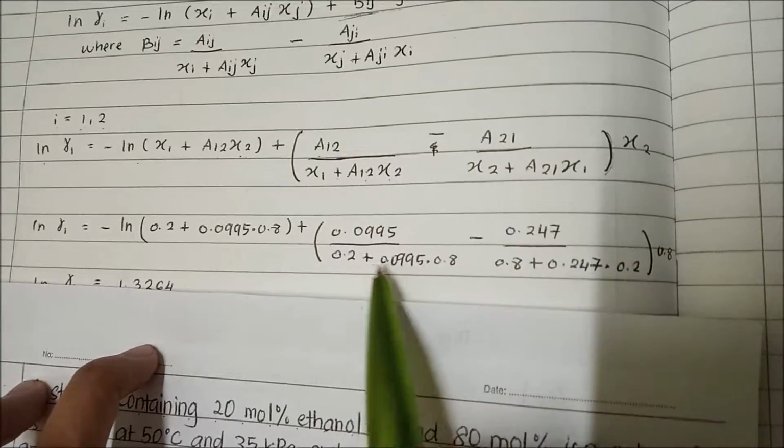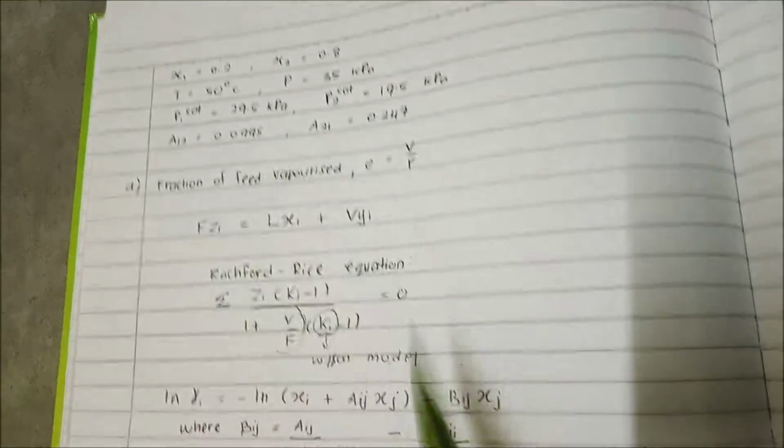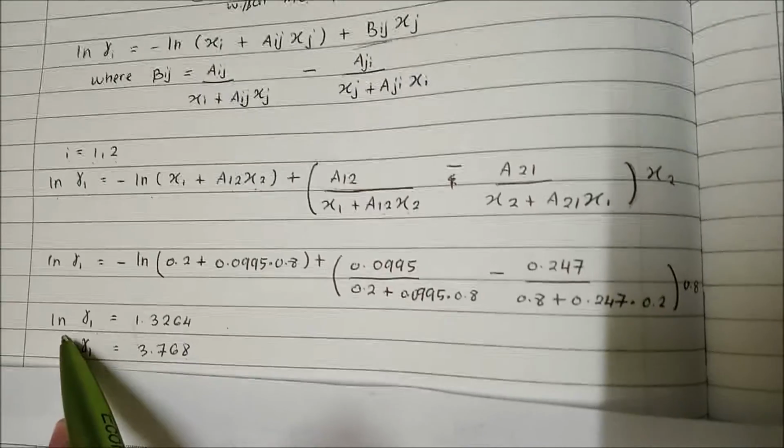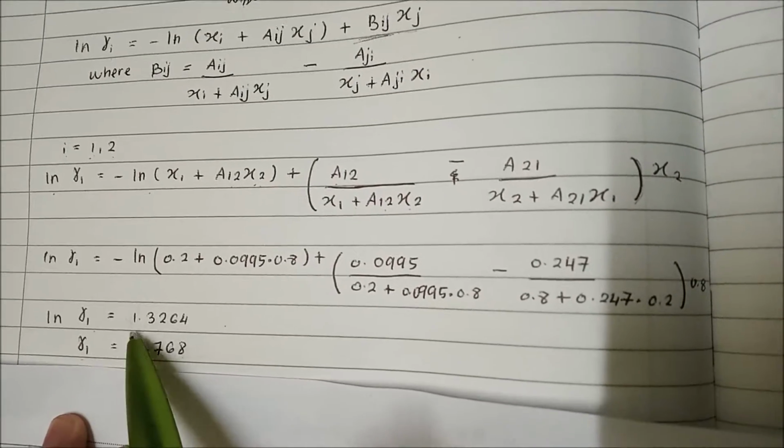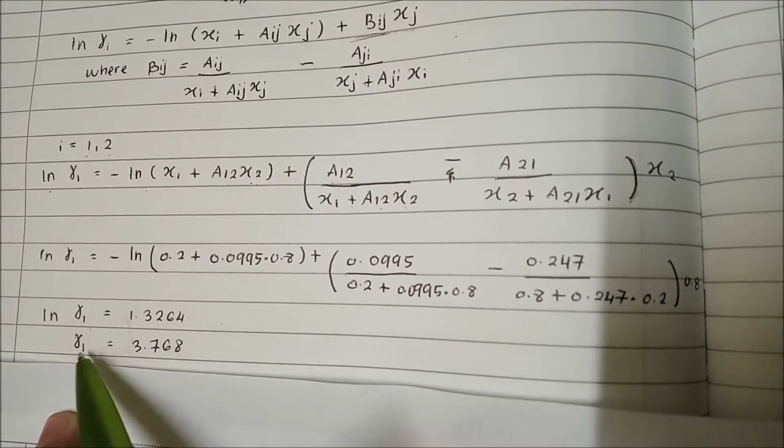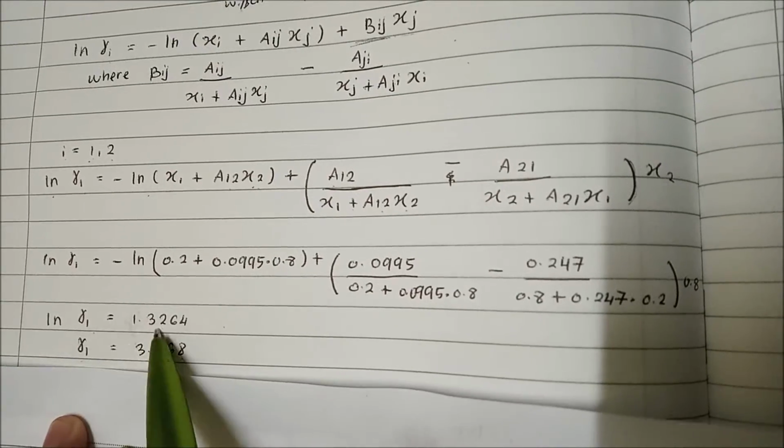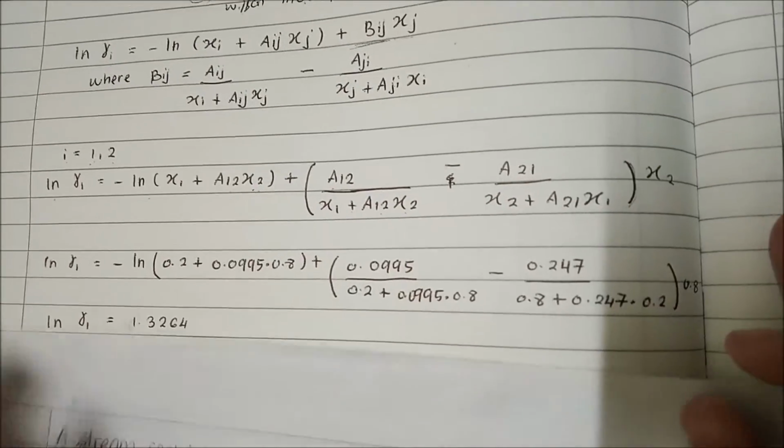Just substitute the values you get from up here, and we get ln gamma 1 equal to 1.3264. So the exponential of this value is equal to 3.768.